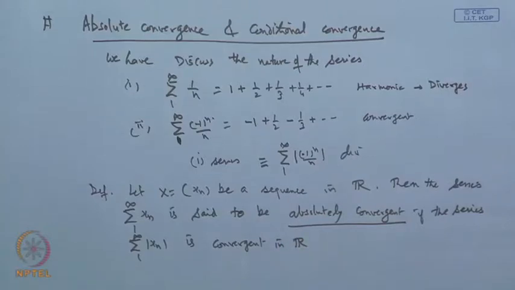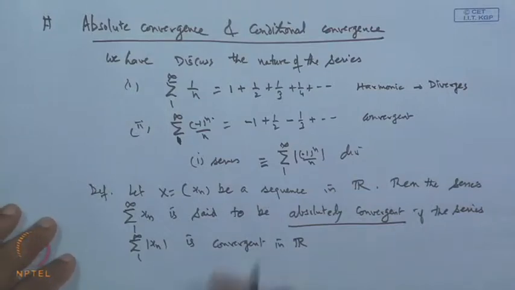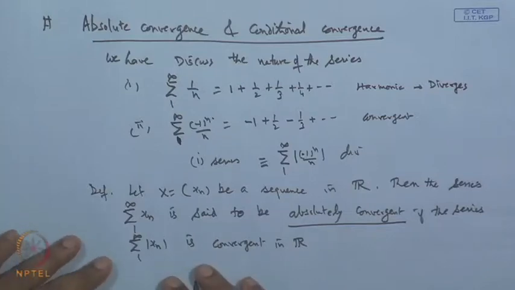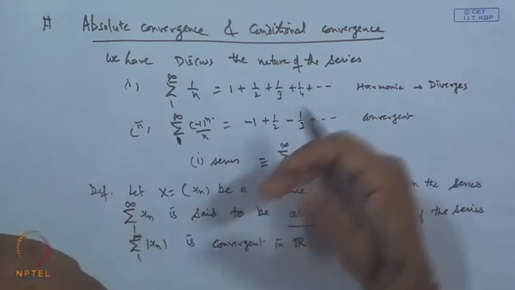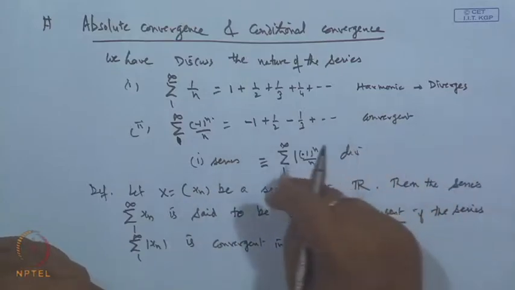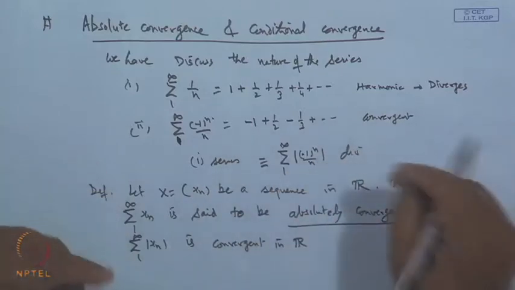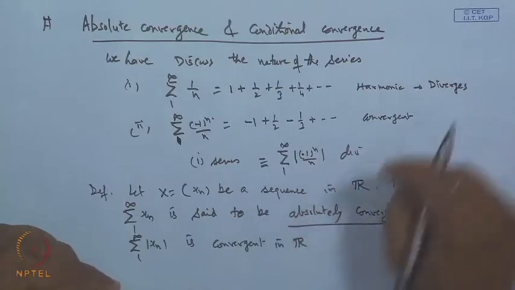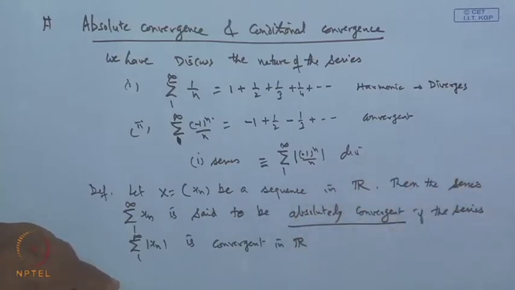One more thing: when we say the series is convergent in R, it means the sum of this series must be a real number, or the limit of the sequence of S n must exist and should be a real number. The point must be a real number. Suppose I take the open interval 0 to 1, and the sequence 1 by n, then this sequence is not convergent in (0, 1).